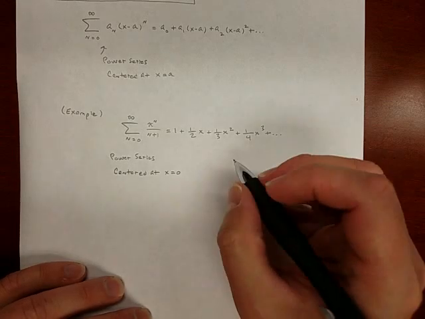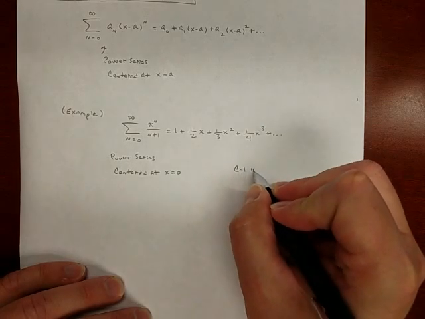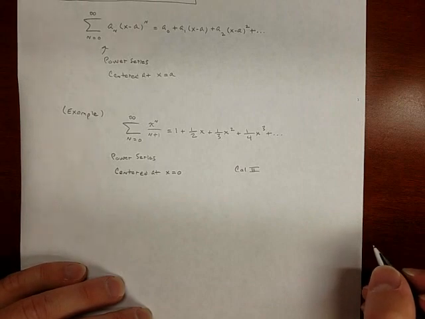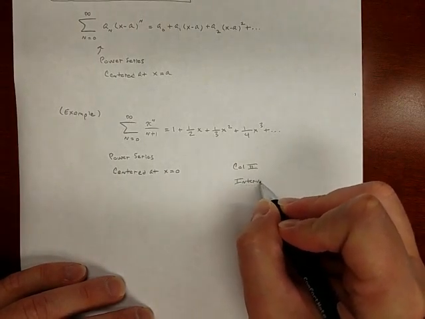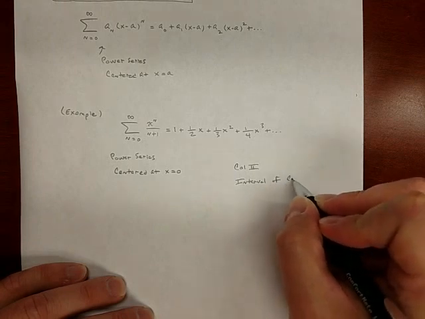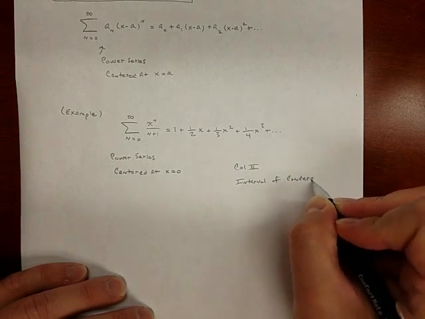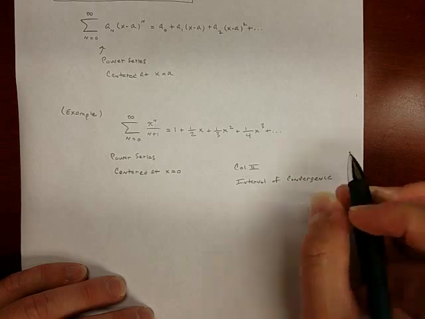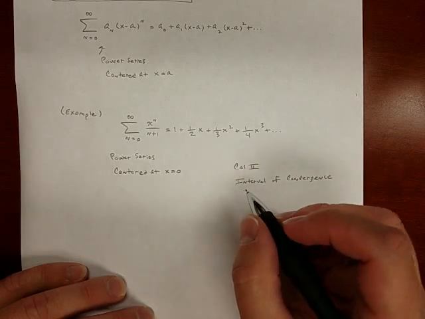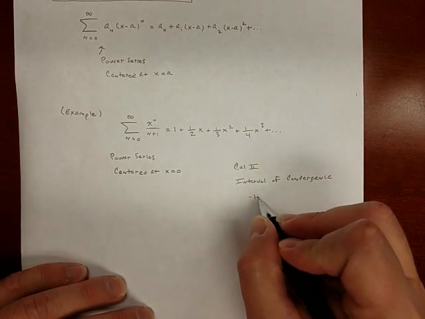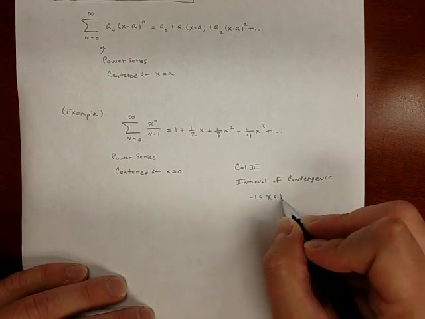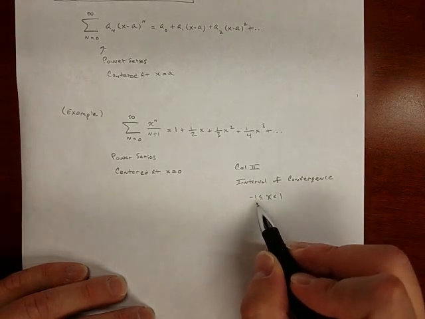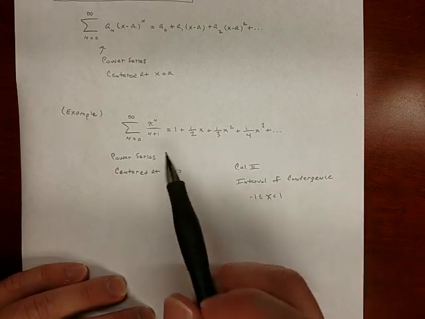It turns out if we go back to what you're supposed to learn in calculus 2, we can find that the interval of convergence for that power series right there is anything between -1 and 1, and including the -1.